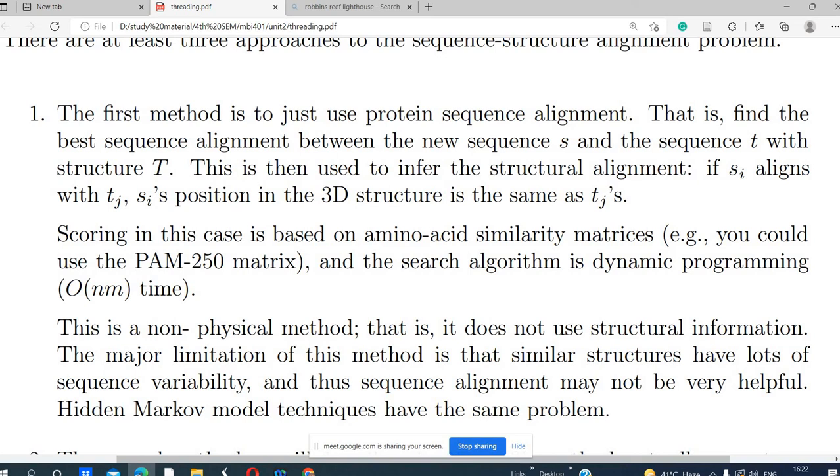The first approach is to do the sequence alignment between S and the sequence T. Then the position is compared. The position of an amino acid is important in the 3D structure, meaning in the known structure. So the S residue and the known sequence amino acid align with the particular amino acid present in the known structure.